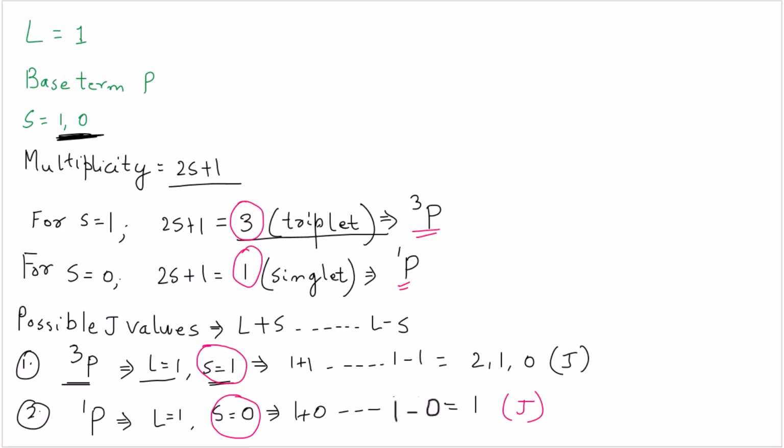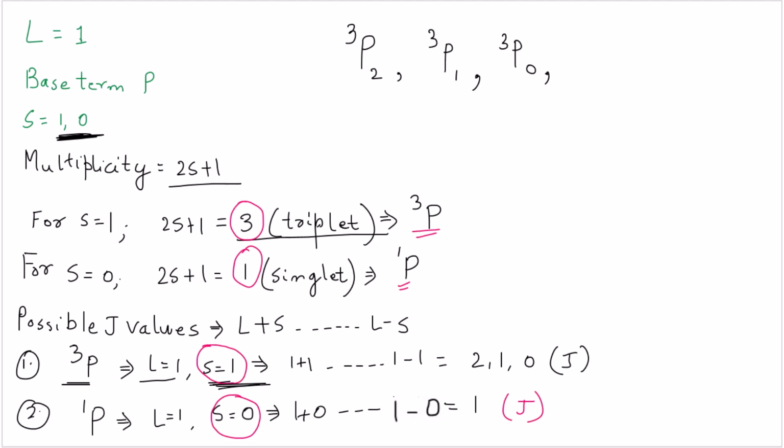And now we have to put the J values as the subscript, as we know how we write the term symbols. So superscript is our multiplicity and subscript is our J value. So 3P2, then 3P1, then 3P0 for S is equal to 1.